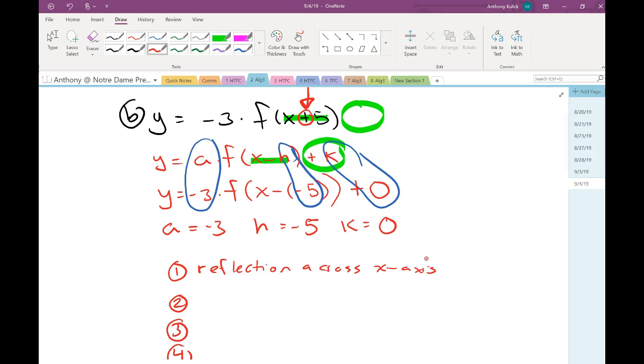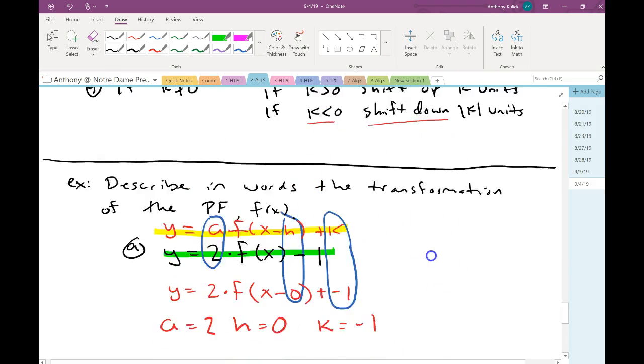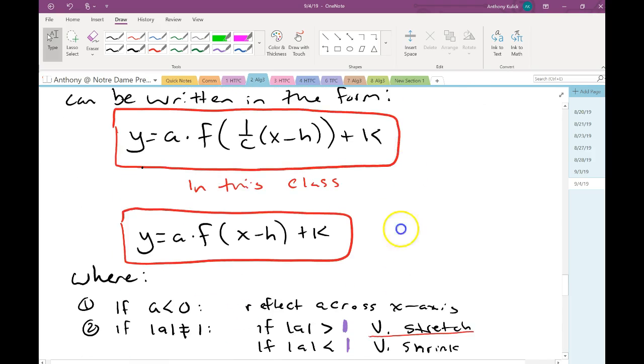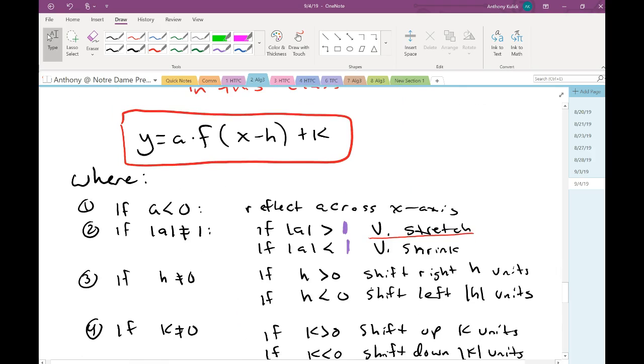For 2, if I read 2, it says, if the absolute value of A is not equal to 1. Well, our A is negative 3. What's the absolute value of negative 3? Positive 3, which is not 1. So we're definitely in this setting.